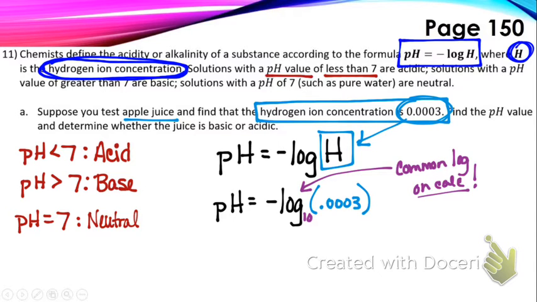Make sure you use the negative key and not the minus key, because these calculators get picky about that. So negative, and then the button that says LOG. On the yellow calculators, that's going to be up near the green key. And then 0.0003.